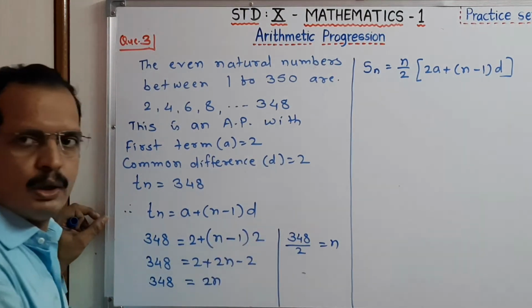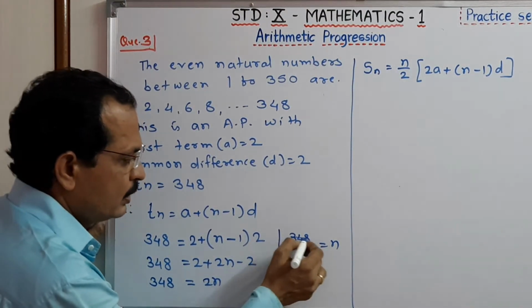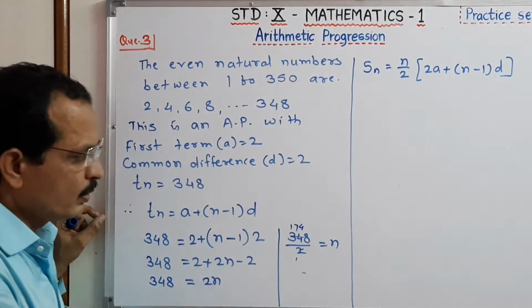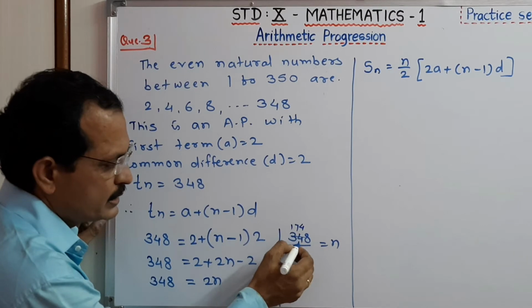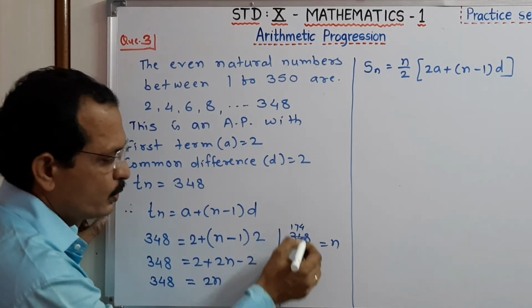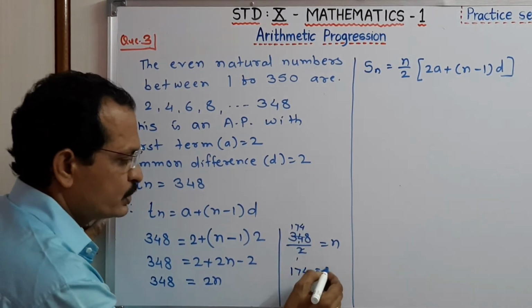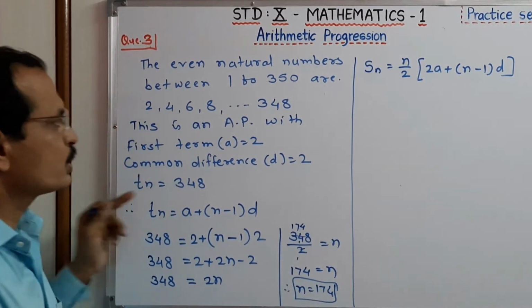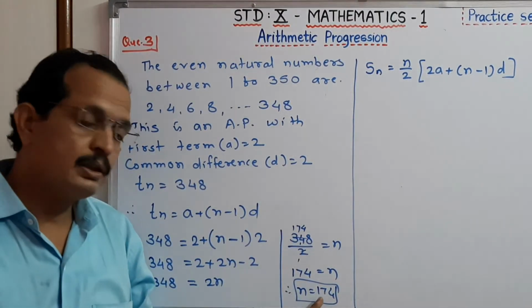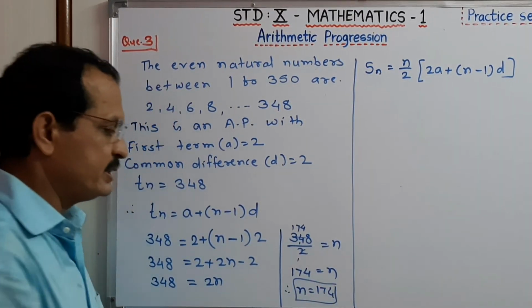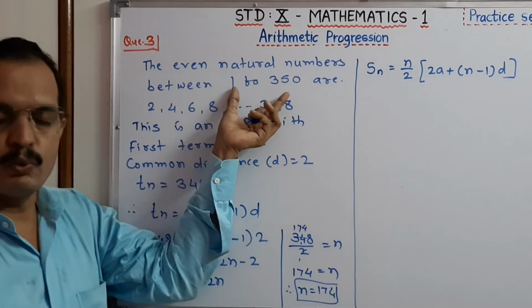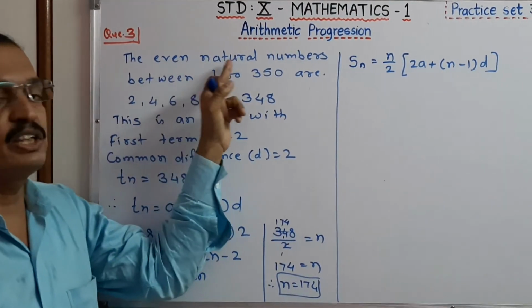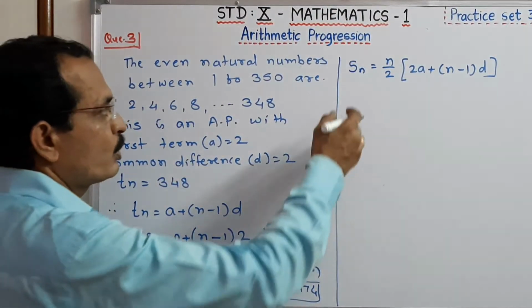Dividing: 2 ones are 2, 2 sevens are 14, and 2 fours are 8. Therefore 174 is equal to n. That means the position of 348 is the 174th. That means between 1 to 350, there are 174 even natural numbers.